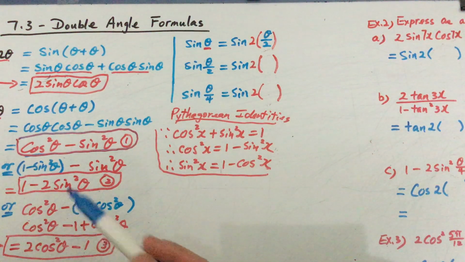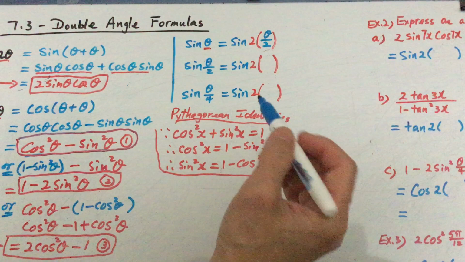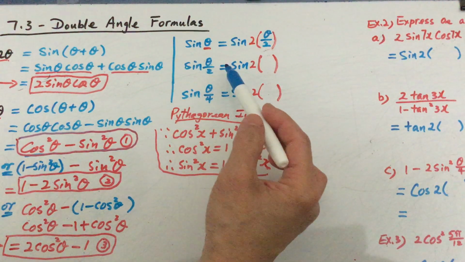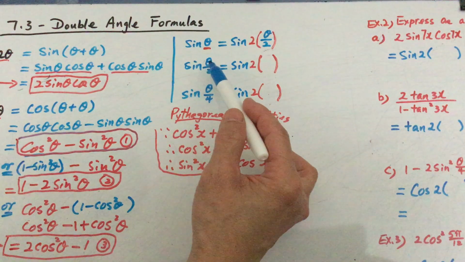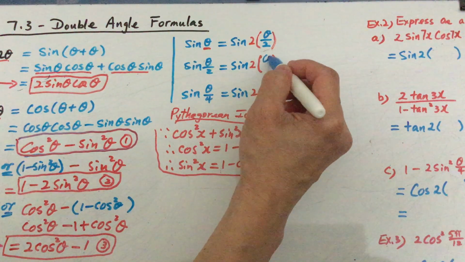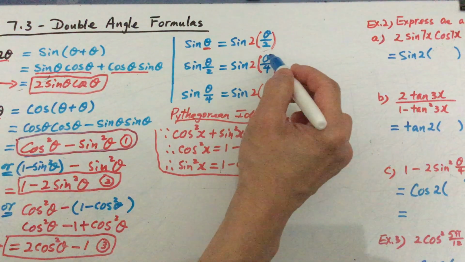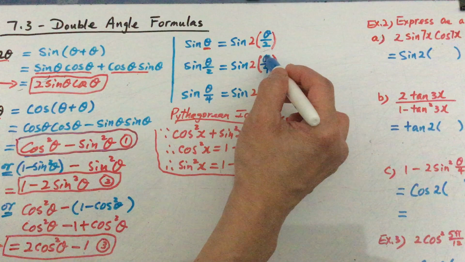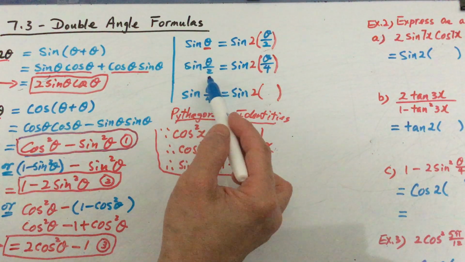This kind of technique is very useful later on when it comes to proving trig identities. Further, to get a double angle format for sine of theta over 2, you use theta over 4: sine of 2 times theta over 4, and when you reduce it, you end up with sine of theta over 2.